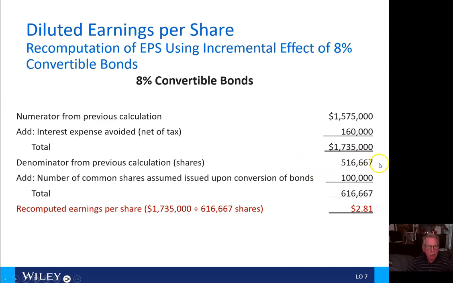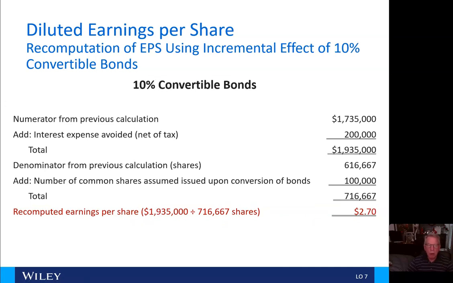The denominator is going to be 516,667, and we'll add the 100,000 common shares assumed, assuming conversion of the bonds, and that takes our total to 616,667. So the recomputed earnings per share is going to be $2.81 for these 8% convertible bonds.